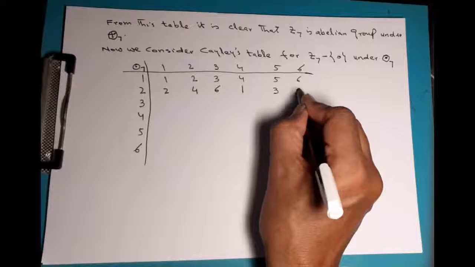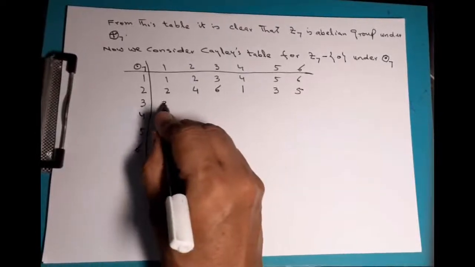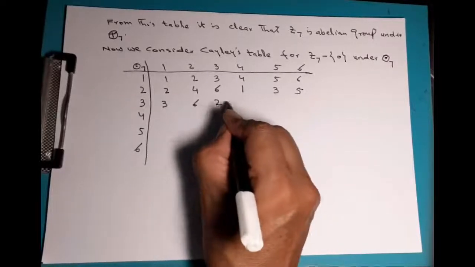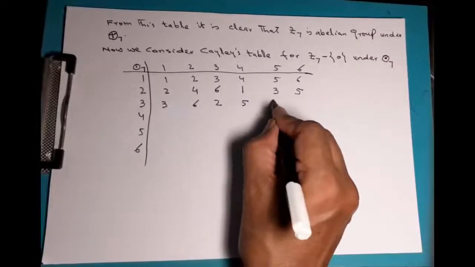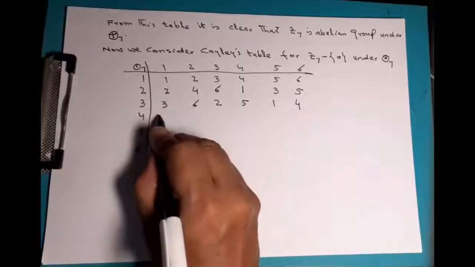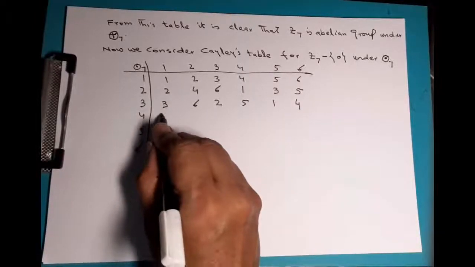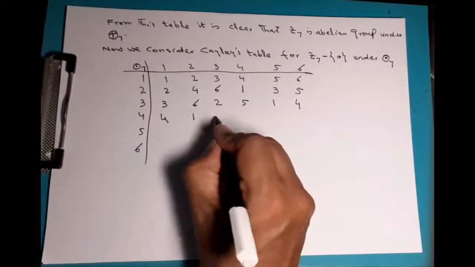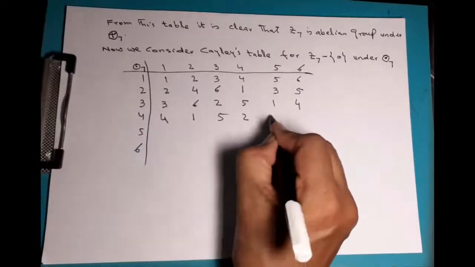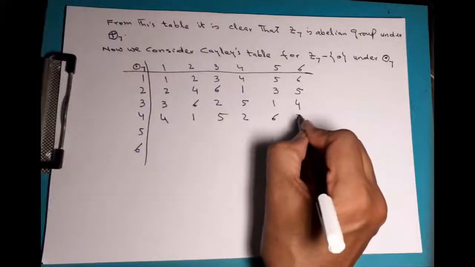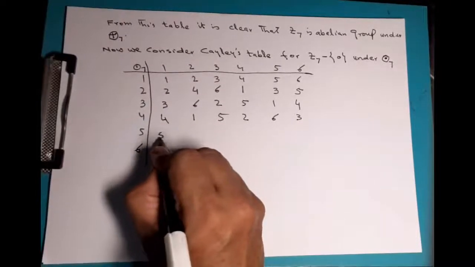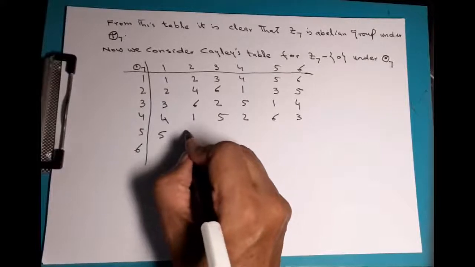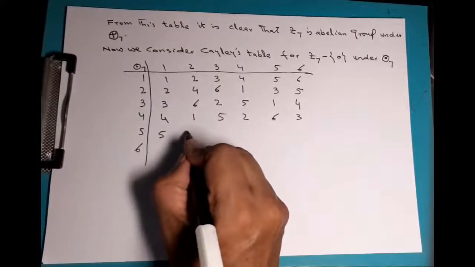So 3, 6, 2, 5, 1 and 4, and then for 4 we will get 4, 1, 5, 2, 6 and 3, and then 5 ones are 5, 5 twos are 10, 10 modulo 7 will be equal to 3.